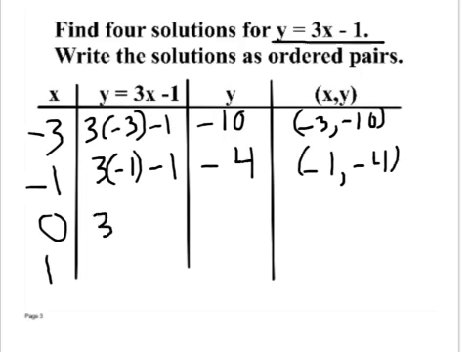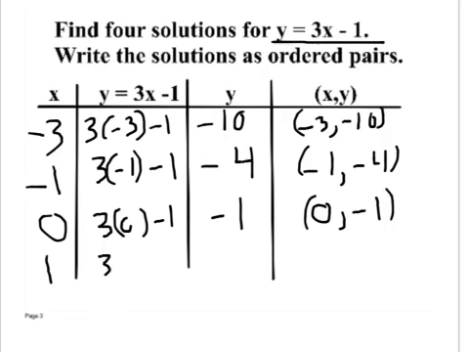So I put 0 in there. 0 times 3 is 0. 0 minus 1 is -1. And we put 1 in there. 3 times 1 is 3, minus 1 is 2. That is how you would copy and complete this table.